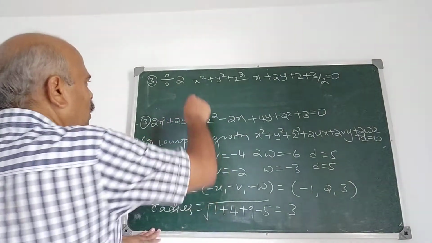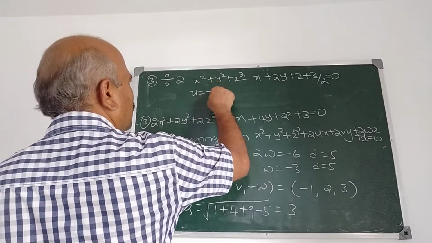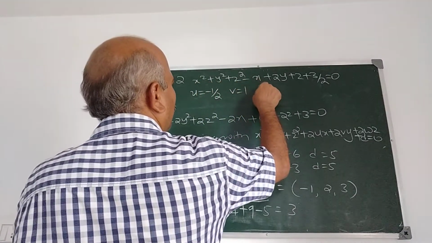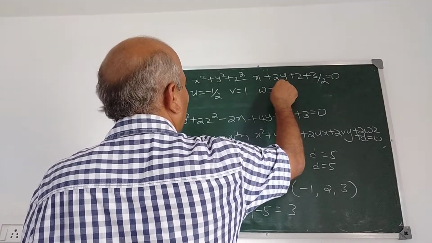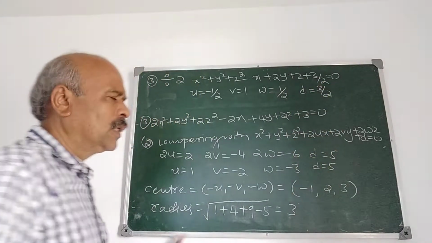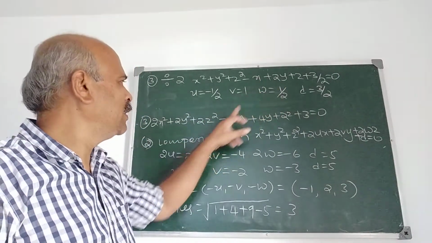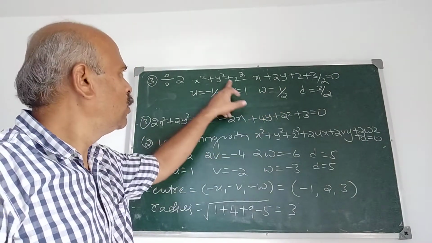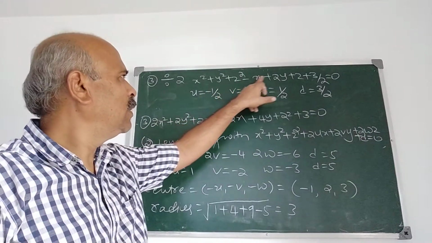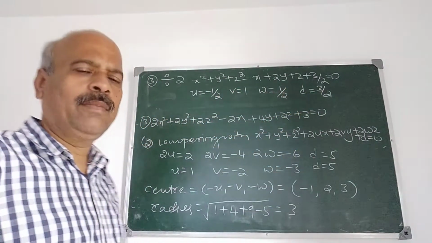Dividing by 2, therefore, u is equal to minus half, v is equal to 1, w is equal to half, d is equal to 3 by 2. Now this is the standard form. Compare this with the equation: 2u is minus 1, 2v is 2, 2w is 1, d is 3 by 2.